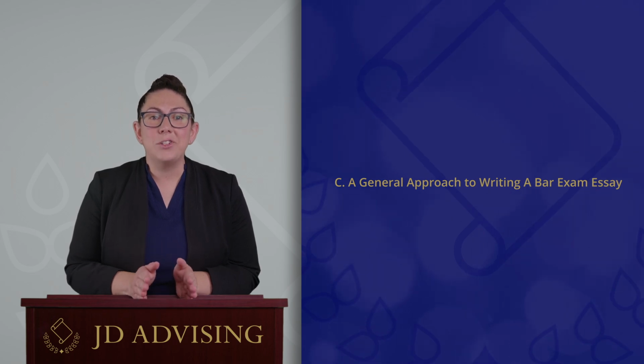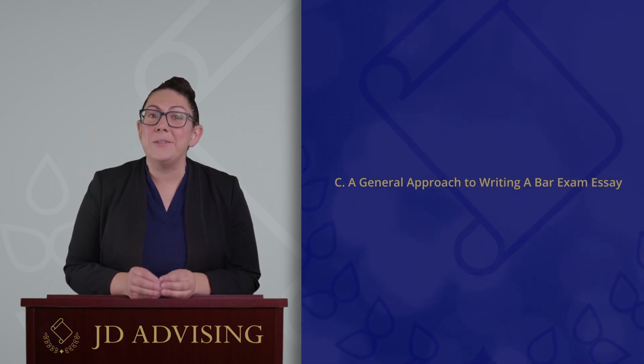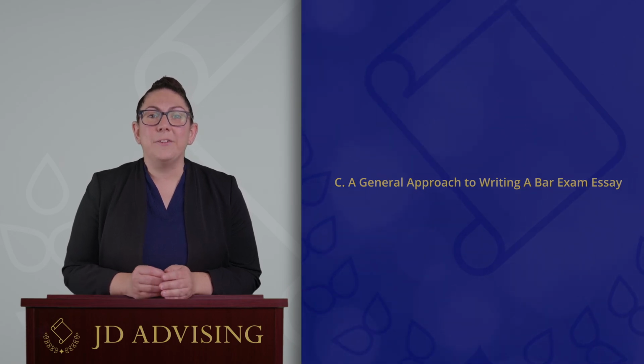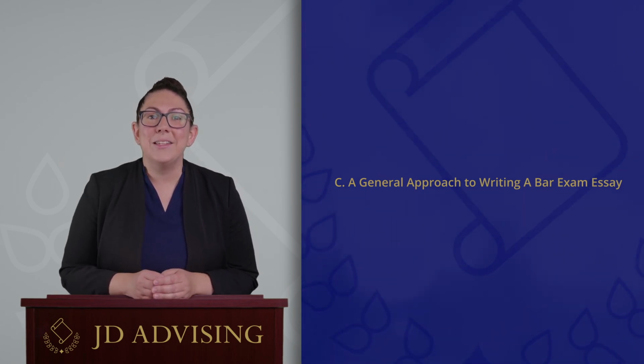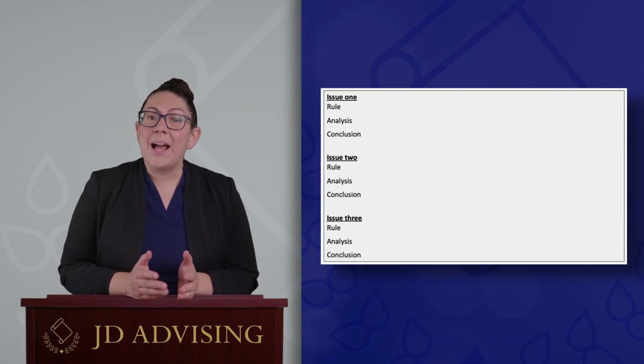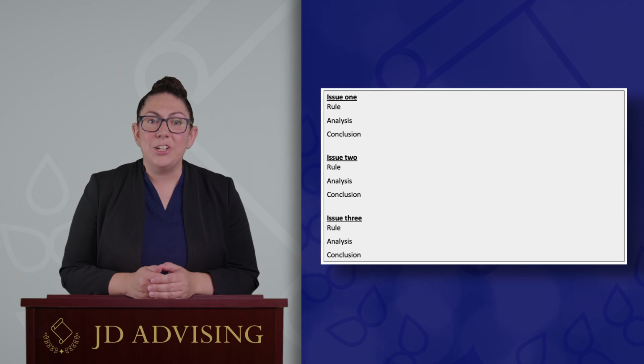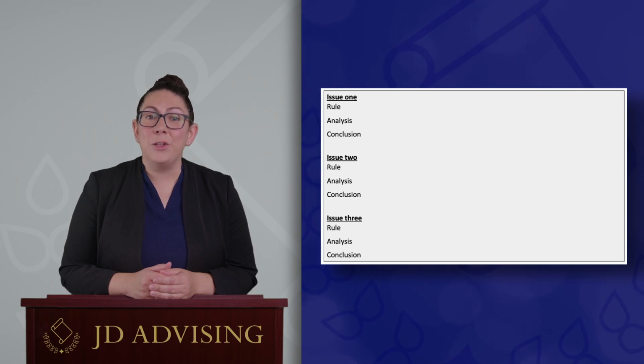I cannot stress enough the importance of using IRAC to organize your answer. IRAC stands for Issue, Rule, Analysis, Conclusion. So a basic IRAC would have a bolded and or underlined heading identifying the issue, then a paragraph for the rule, 1 or more paragraphs for the analysis, and a paragraph for the conclusion.